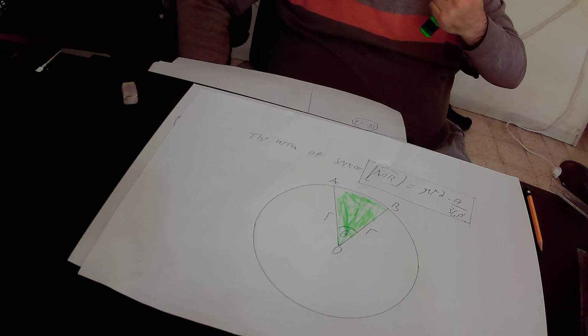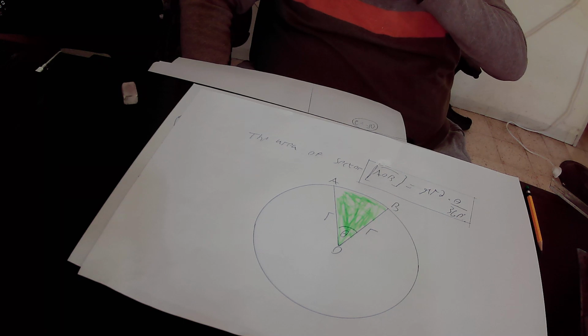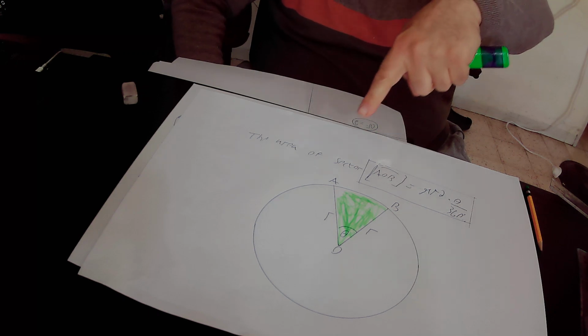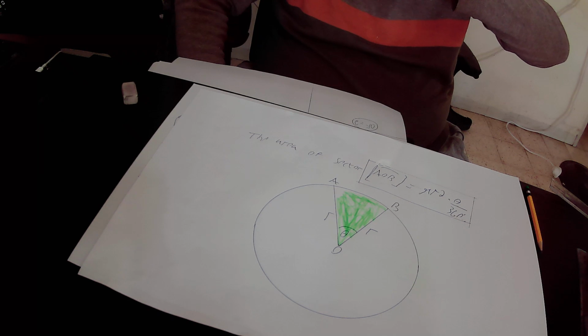So you can see a sector as a slice of a cake. If the cake is the circle, then the sector is one slice of a cake. Okay?